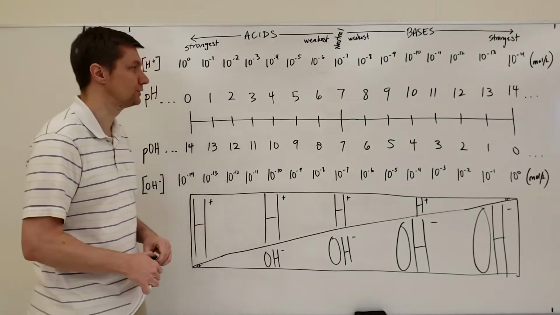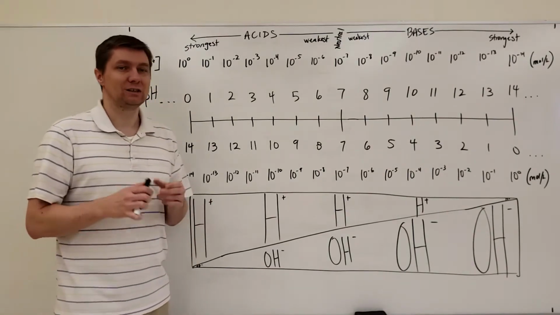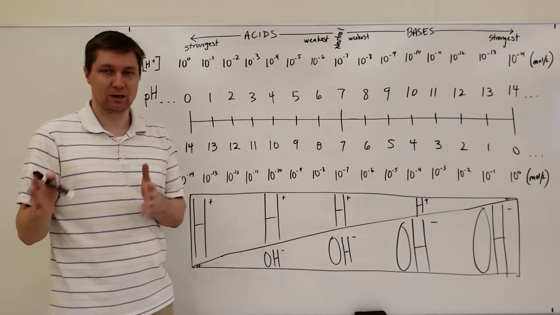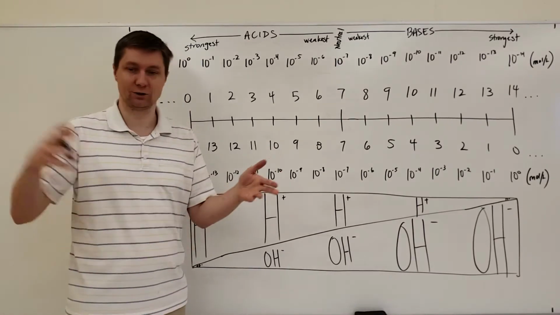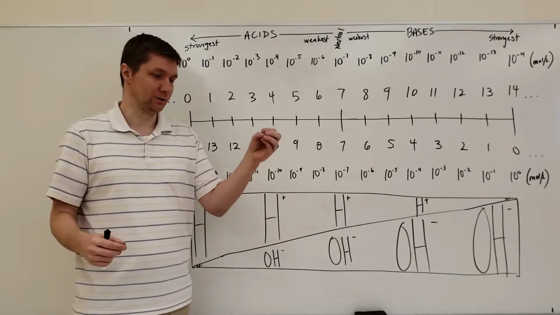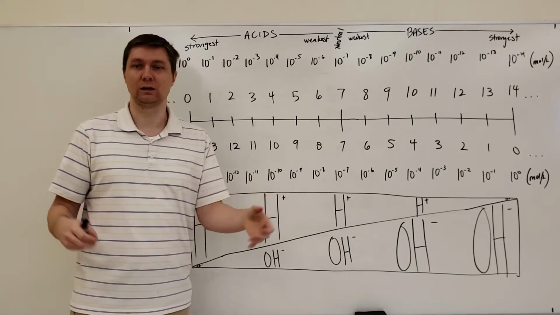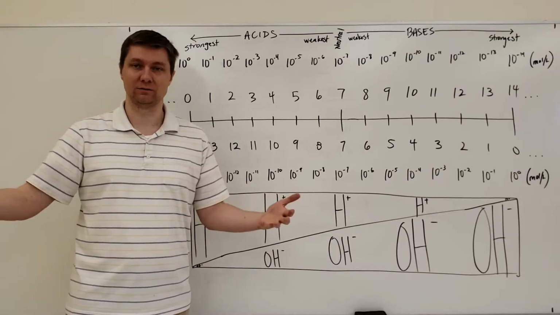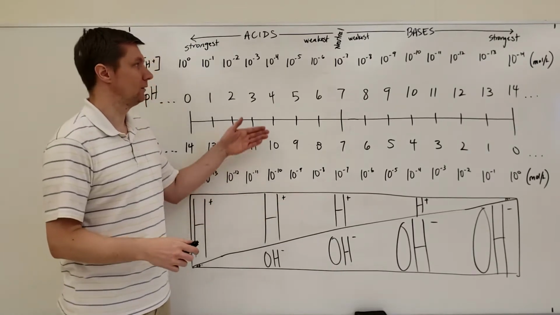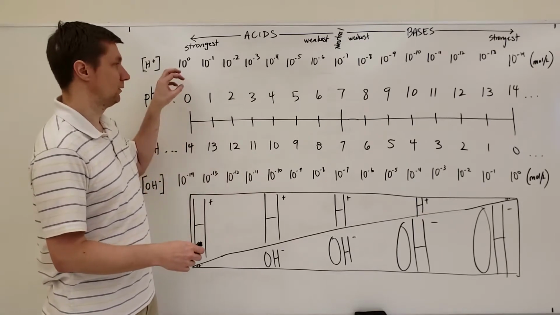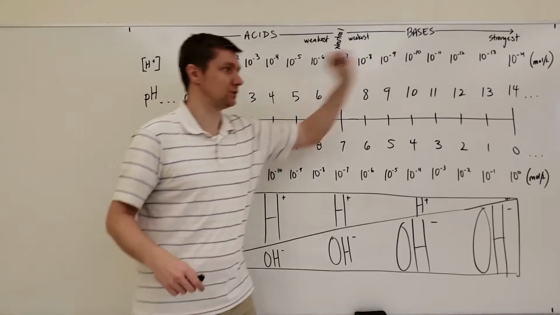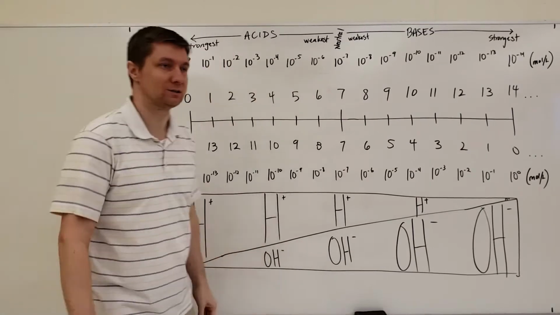Now, the interesting thing that's different from many other types of scales, like a temperature scale, or let's say the Richter scale, where you go from 0 to 10. On a Richter scale, an earthquake of 1 is really weak, and an earthquake of 10 is very devastating. On the pH scale, we don't go from, say, strongest acids to weakest acids over there necessarily.